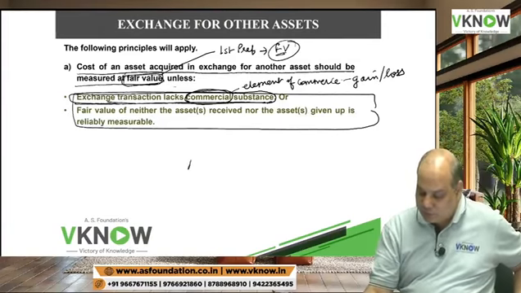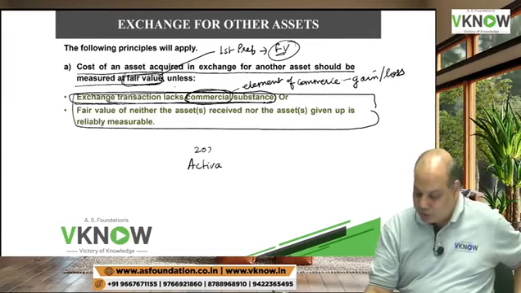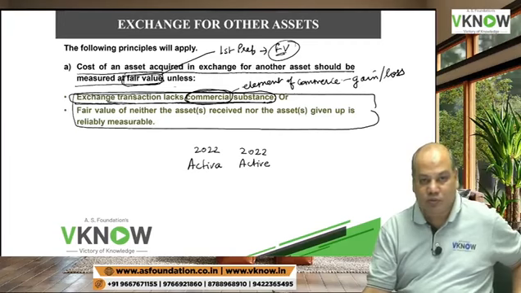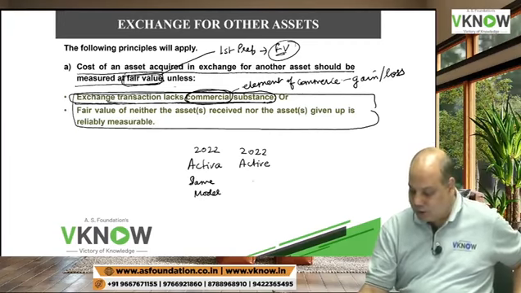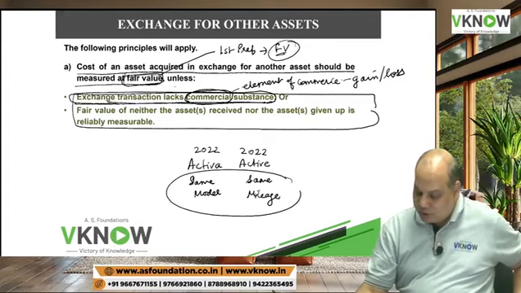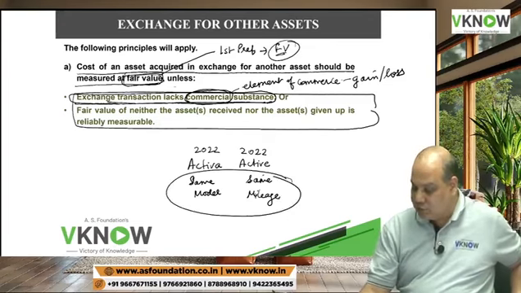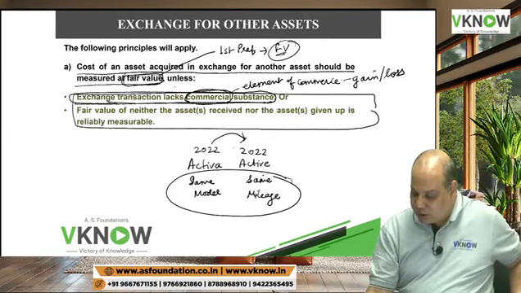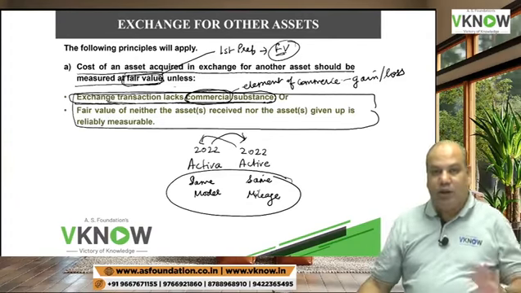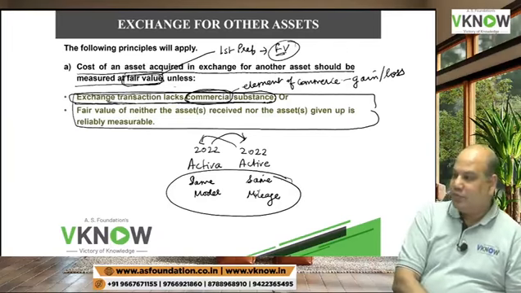For example, I have an Activa 2022 model. My friend also has an Activa 2022 model. Same model, same mileage, okay, everything same. One day we decided that we will exchange our Activa.